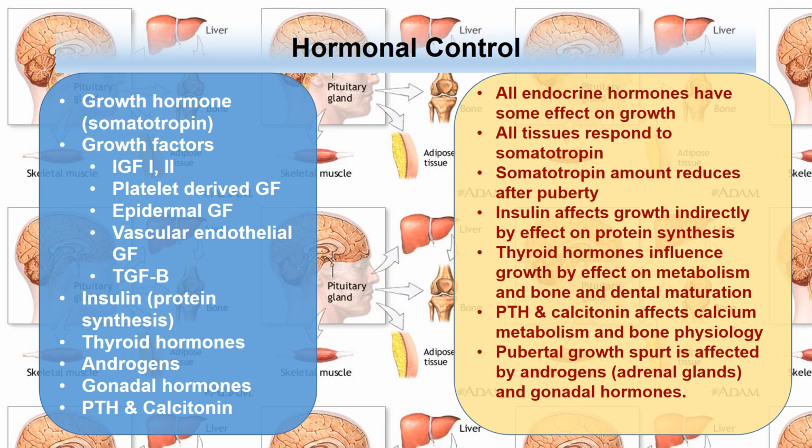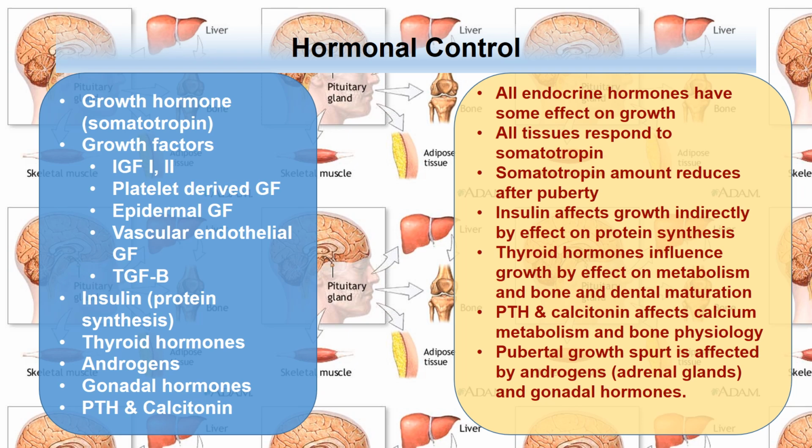There are growth factors such as IGF-1 and 2. They have platelet-derived growth factors, epidermal growth factors, and vascular endothelial growth factors, and we also have TGF-B. Insulin also plays a role in growth via protein synthesis. Thyroid hormones, androgens, gonadal hormones, PTH, and calcitonin.